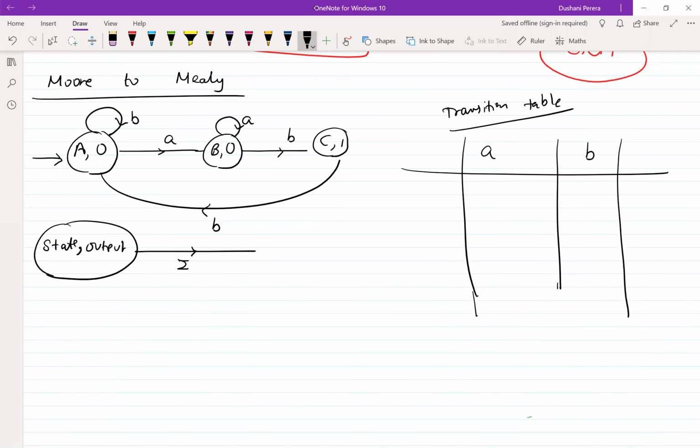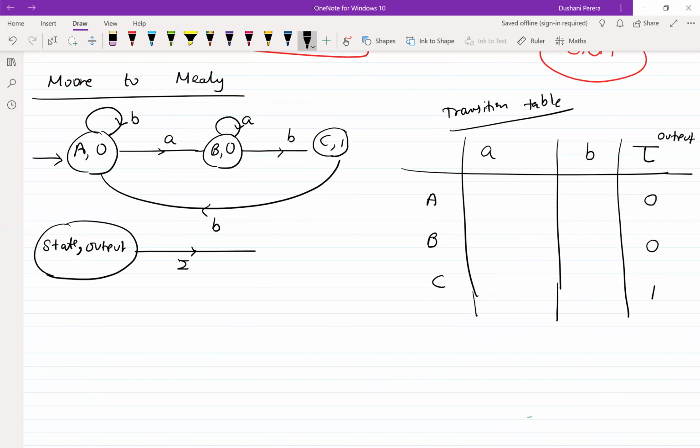Okay, what are your states? States are A, B, C. And each of these states is associated with an output. So we have to have another column for the output. This captures the output. Okay, so A's output is 0. Here also 0. Here 1.